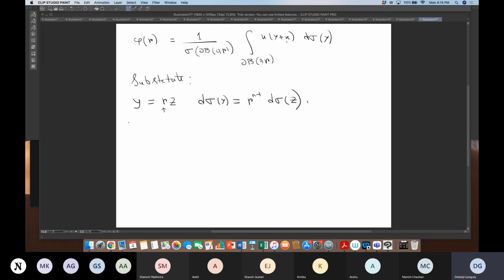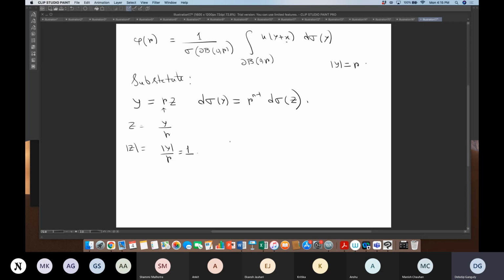Okay. And then z is y by r. So mod z is mod y by r. So what is mod y? y is in del B(0,r). What is the meaning of mod y then? y is in the surface of the ball. What is the mod y? That means r.